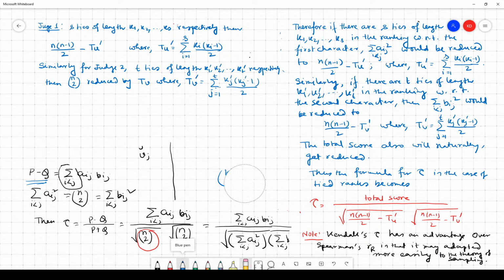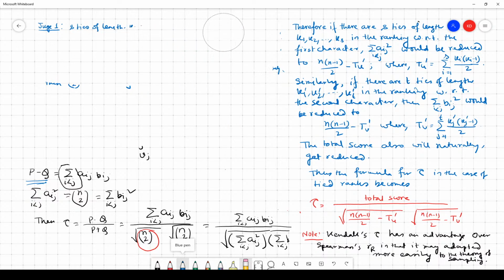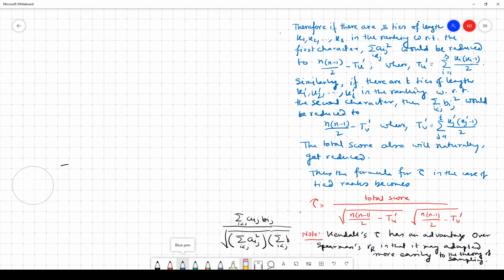Now consider the example. I already considered this example in my previous class, so I do not repeat this again, just write the table.